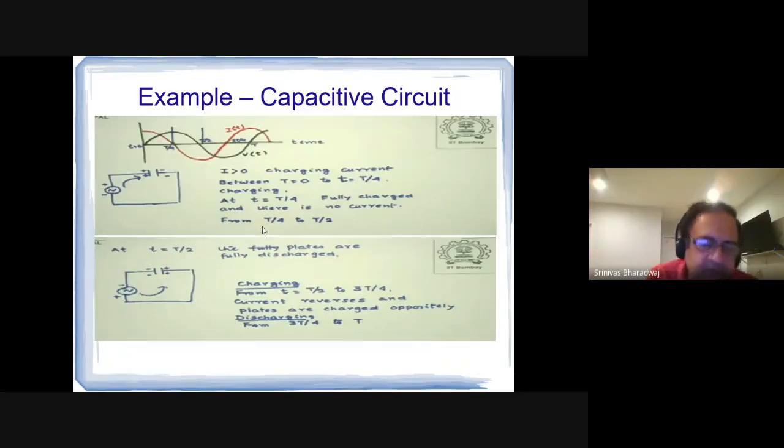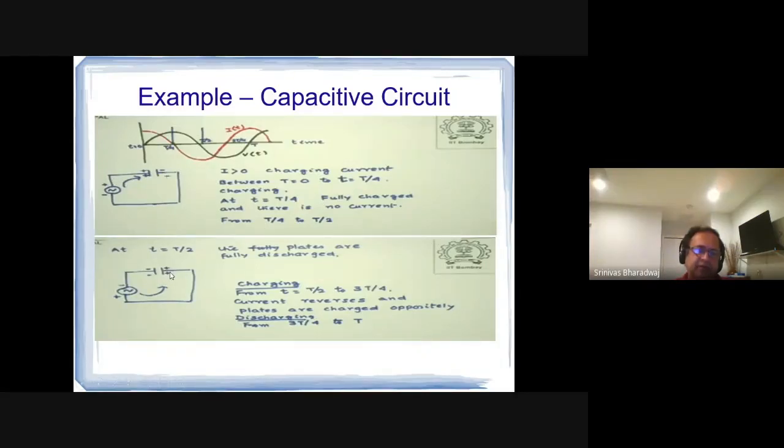So it's a very different kind of thing. Okay, from T by 2 to 3T by 4, it's charging, but the current is then reversing. You see, it's charging, but then this is the plus and that is the minus. You see, plus and minus.